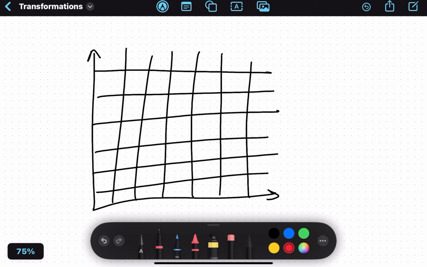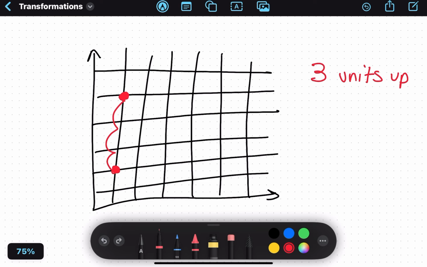And let's say we have a point and we want to transform it. We want it to undergo a transformation of 3 units up. All we have to do, go 1, 2, 3 up, and then boom, that's it. That's your transformation for 3 units up.